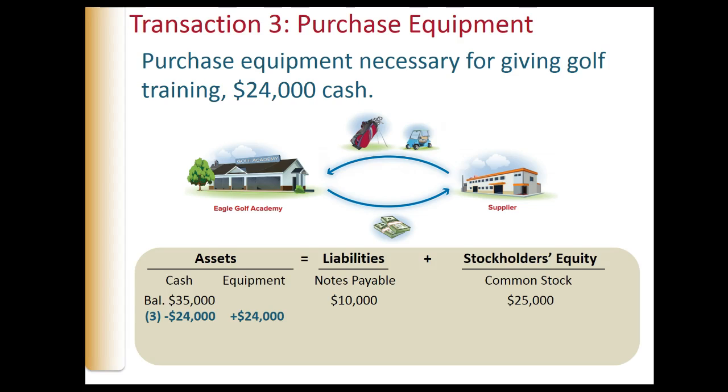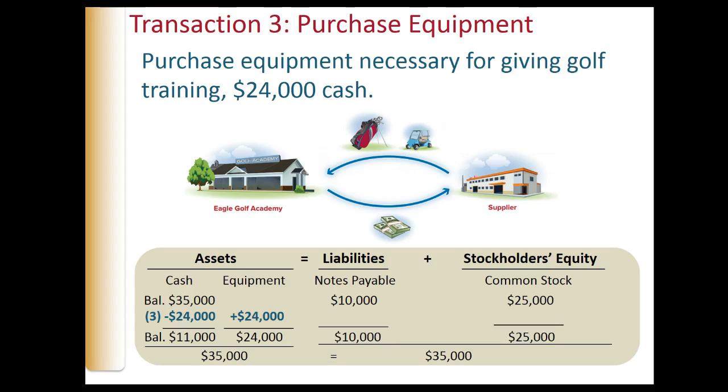Because one asset's going up, the other asset's going down. But we see we still are in balance. Our assets still equal our liabilities plus our owner's equity. So the equation still is in balance.